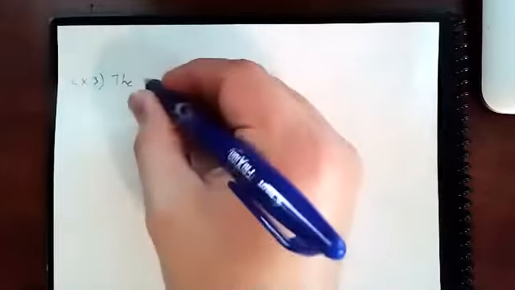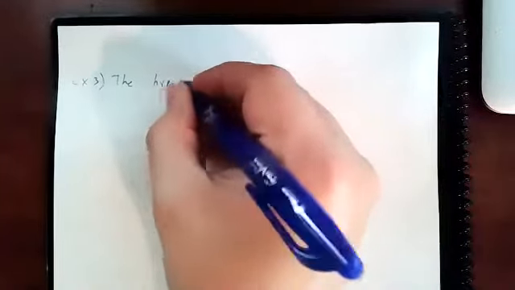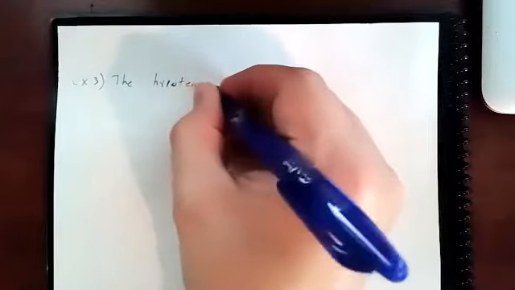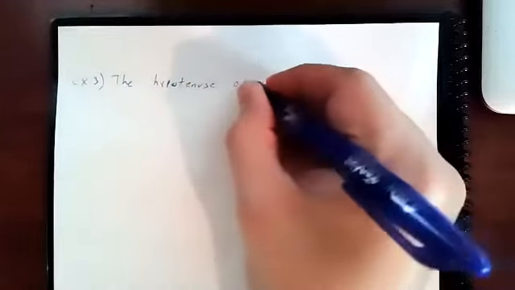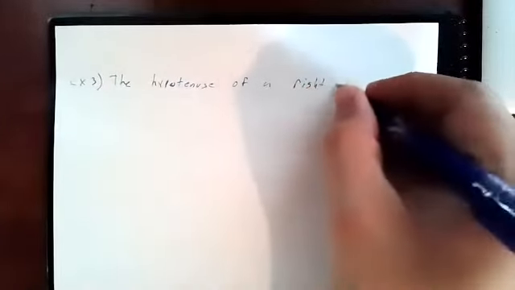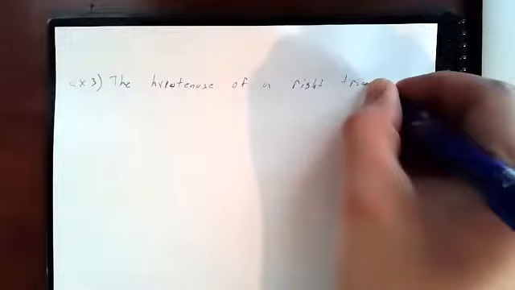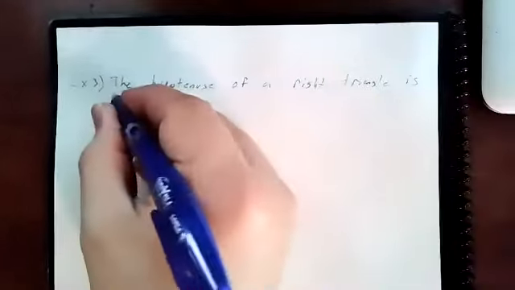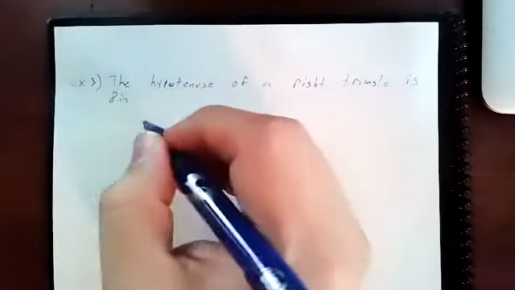The hypotenuse of a right triangle is 8 inches.